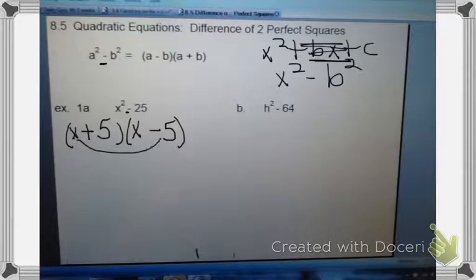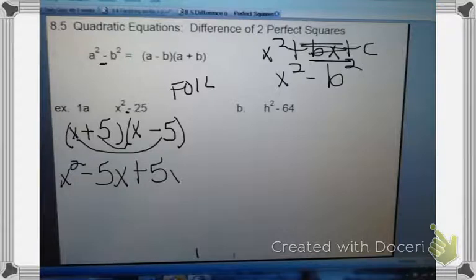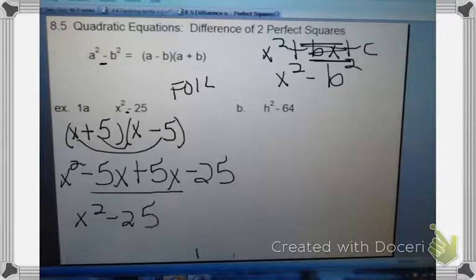If you'll notice, if you did the entire FOIL method, we get x squared, then your outside term is a negative 5x, your inside term is a positive 5x, and your last is a negative 25. Your two middle terms go away, so you get x squared minus 25.